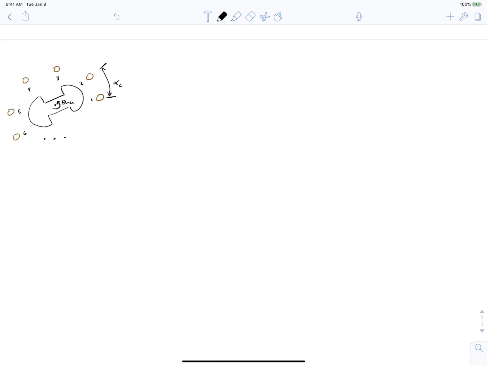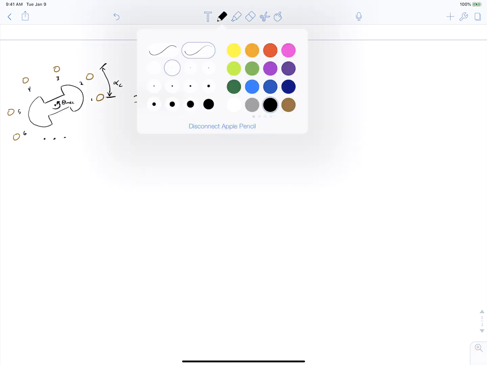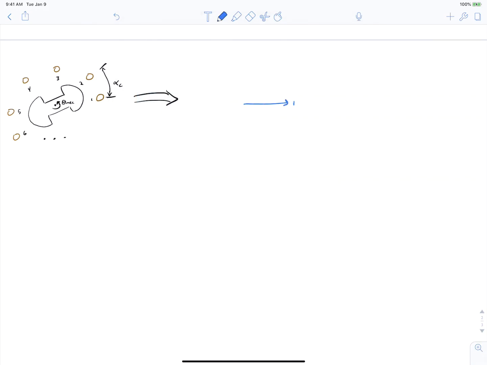So I've redrawn this just for a 2D cross section, and we're going to take this 2D cross section and sketch all the phasors of each of these slots. We'll start with the horizontal phasor for slot 1, and then when we consider the phasor of slot 2 relative to the phasor of slot 1, we note that slot 2 is rotated from slot 1 by alpha c radians, and so its phasor should be rotated in the clockwise direction by alpha c times Vp.